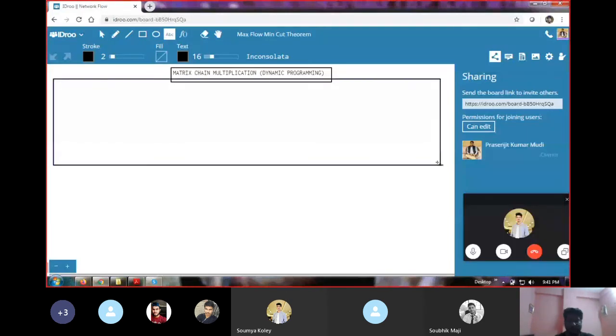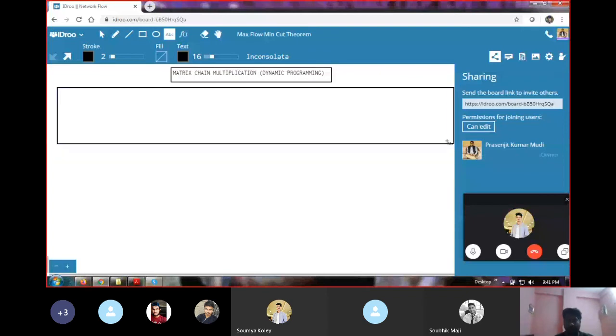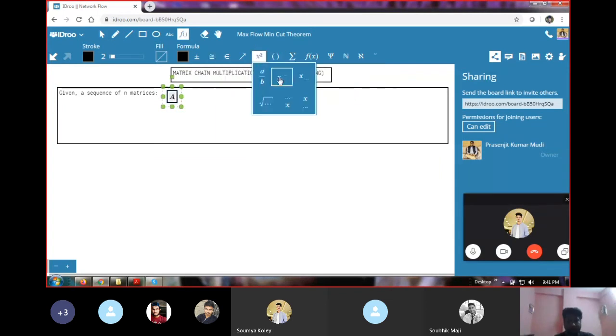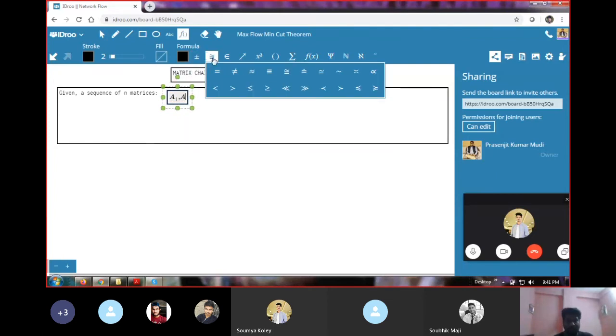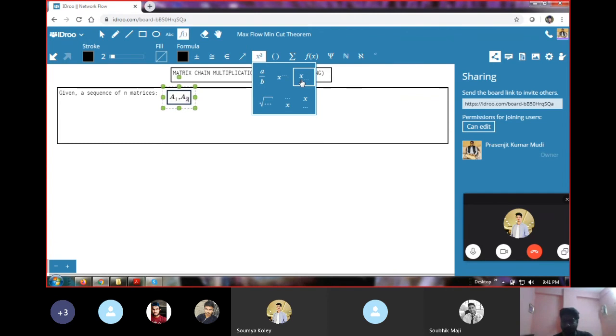So suppose we are given a sequence of n matrices like A1, A2, dot dot, AN.